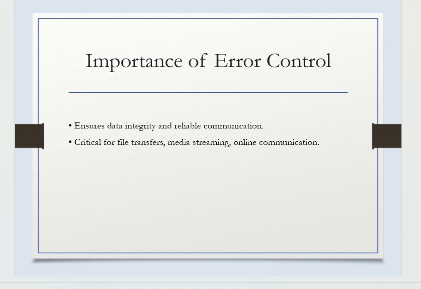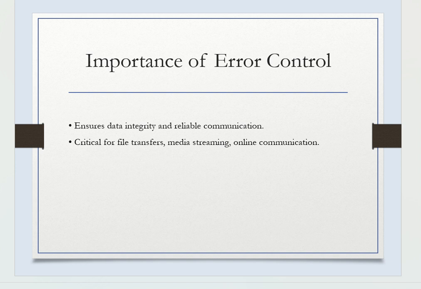Importance of error control. It ensures data integrity and reliable communication. Ensures data integrity: detects and corrects errors so the data received is exactly what was sent.